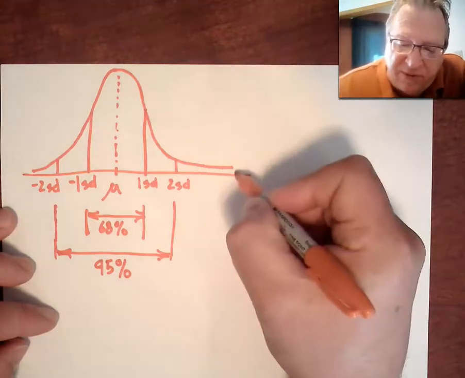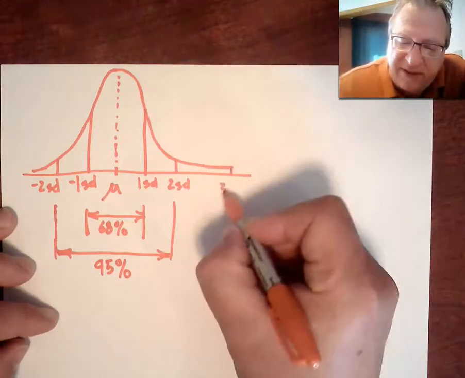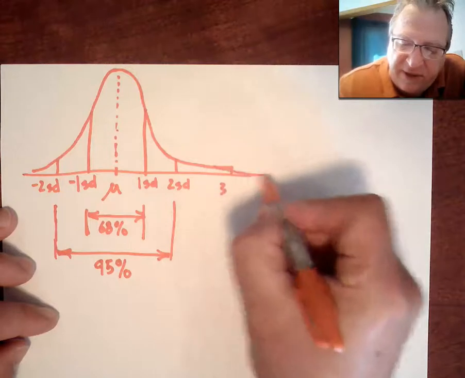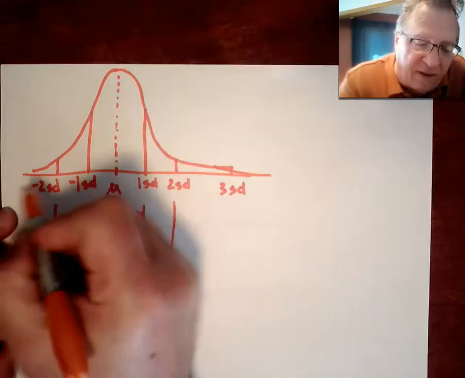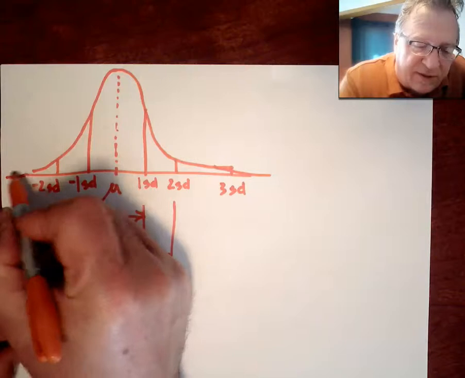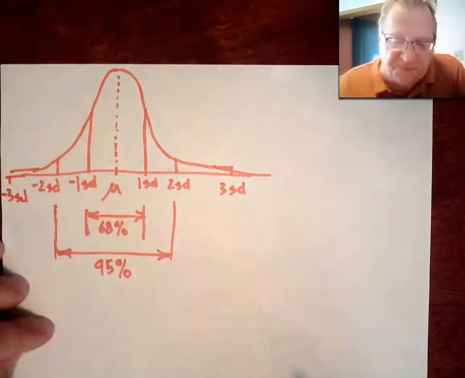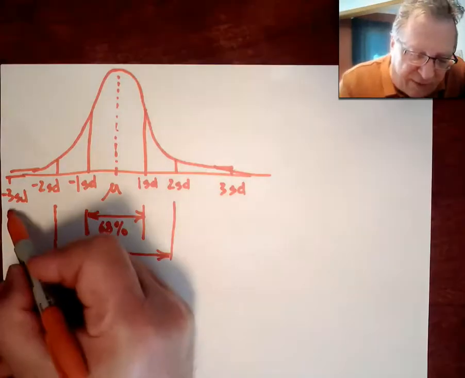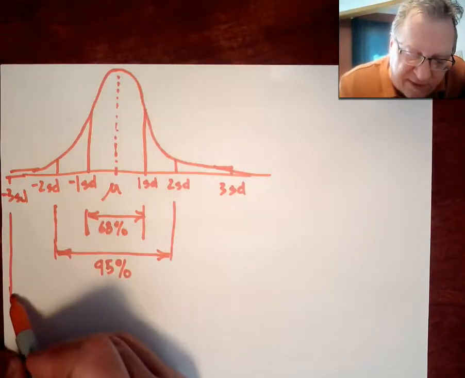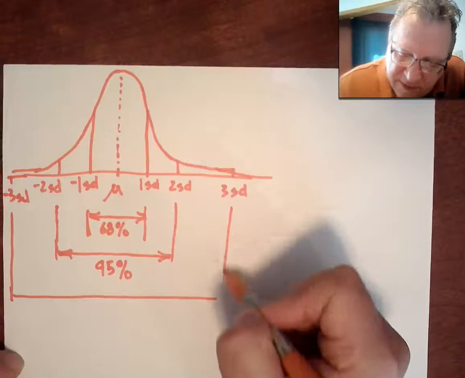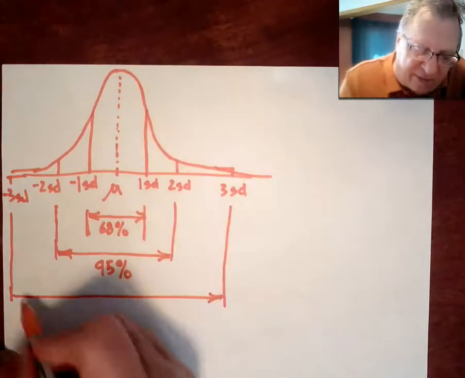Likewise, we could do it for 3 standard deviations, and my curve's not perfect here, of course, but somewhere out here is minus 3 standard deviations. And if we drew arrows for that, not bad for winging it, huh?